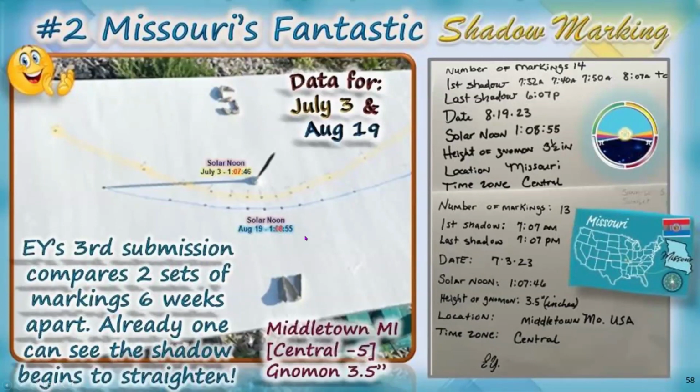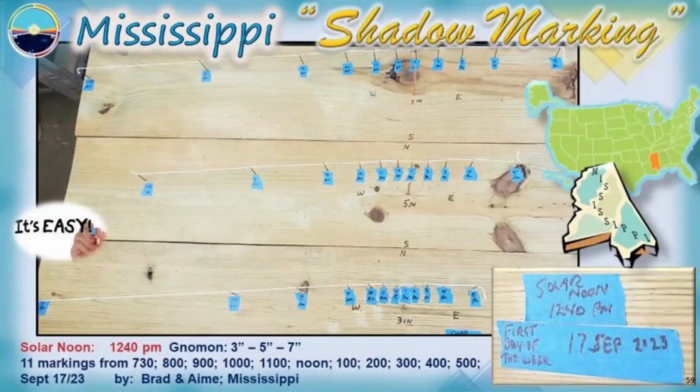Here by August the 19th, what, 3 weeks later, it's starting to already flatten out. Lots of good data. Okay, just write it down, take a picture. And anyway, comparing two sets of data markings about 6 weeks apart or so. Really good. Middleton, Missouri. These are really special spots.